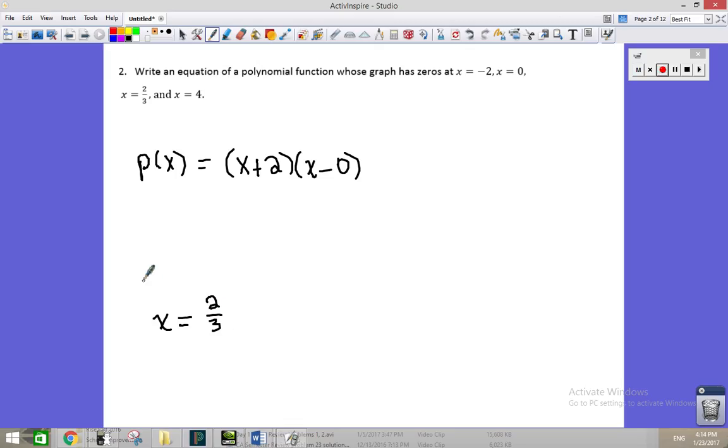We're solving this to get a 0 on the right hand side. Multiply both sides by 3, subtract 2, and we have 3x minus 2 is equal to 0. That's how they're expecting us to write it when you have a fraction, as 3x minus 2.